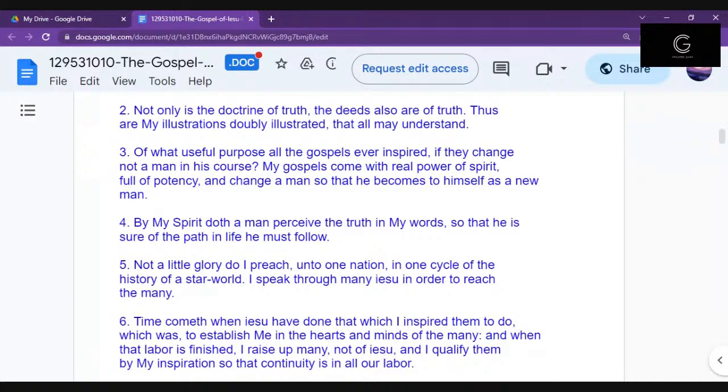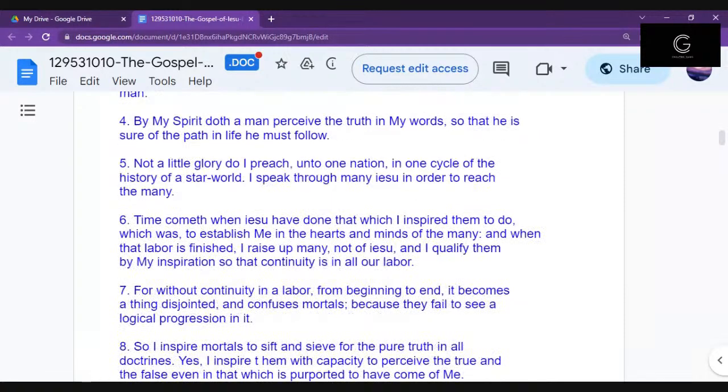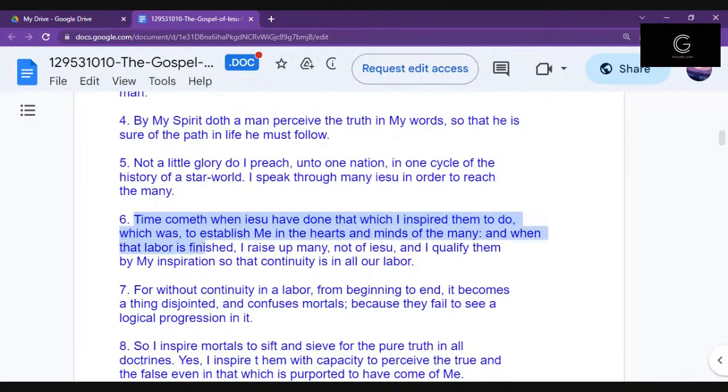I speak through many iesu in order to reach the many. Time cometh when iesu have done that which I inspired him to do, which was to establish me in the hearts and minds of many.